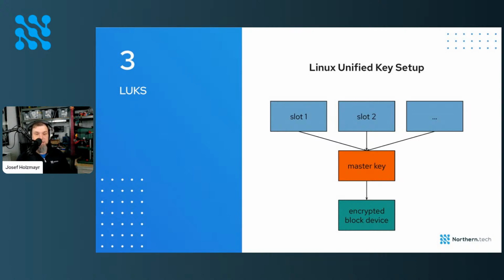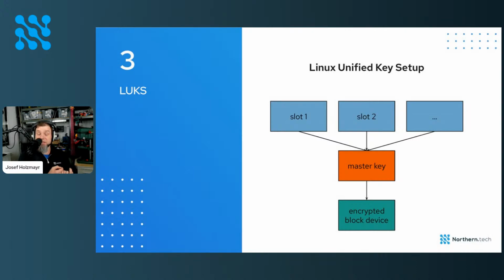Linux Unified Key Setup. I'm skimming over the nitty-gritty details here, but the key idea is that you encrypt a block device with a master key, and that master key is essentially still stored on the block device, in its header, and you have additional password slots to unlock the master key.